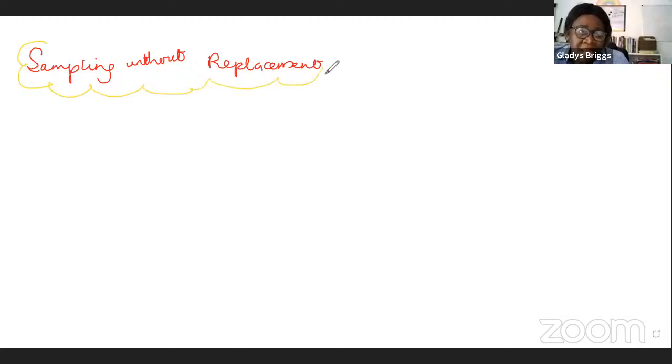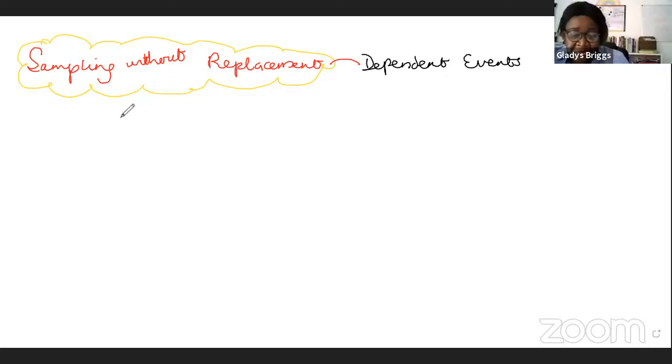And this means that one event is dependent on another, so we call that dependent events. Okay, let's have a look at an example. You will understand this better when I do an example with you.